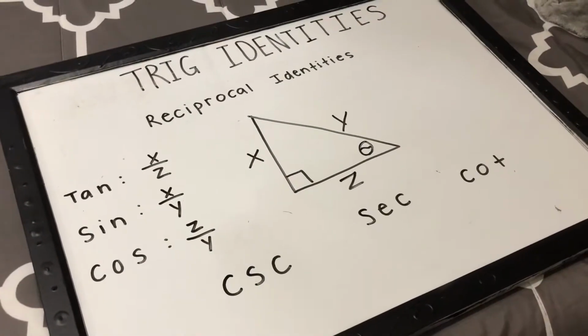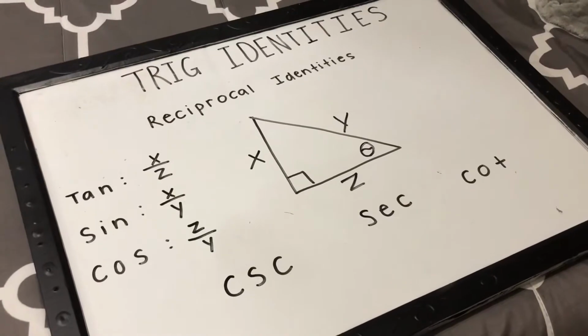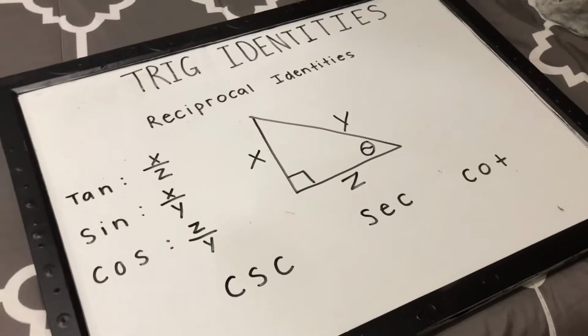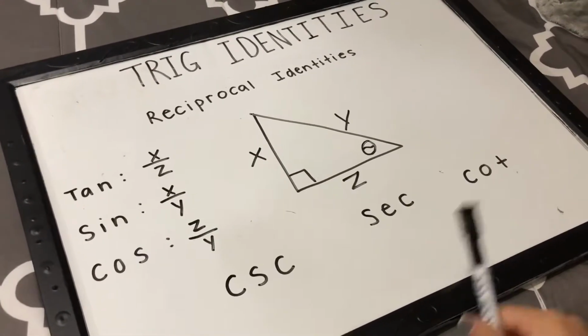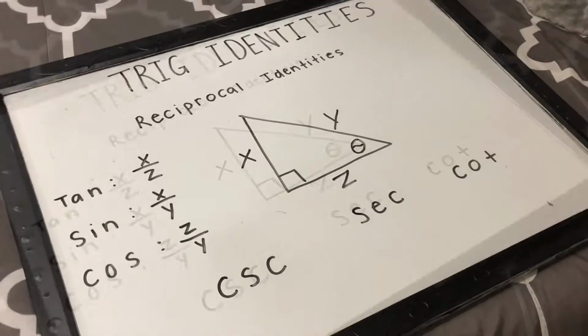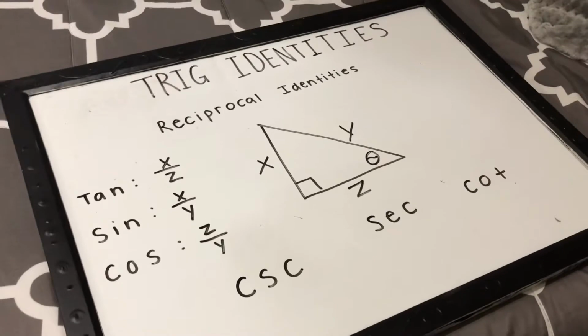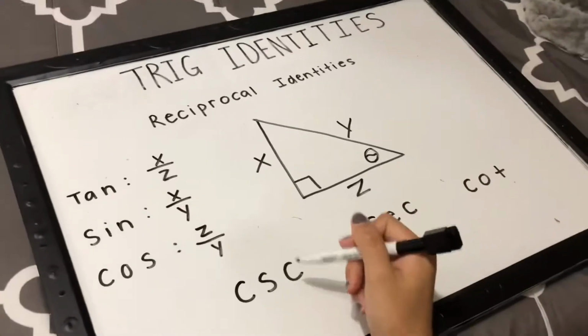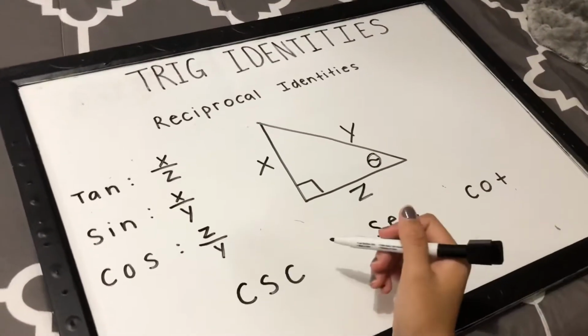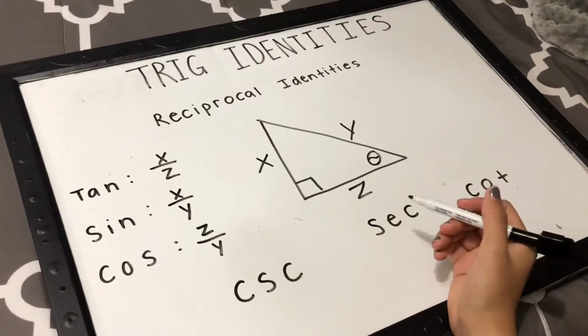Three more trig functions that you may or may not have heard of in the past are cosecant, secant, and cotangent. Now, what's cool about these trig ratios is that they're actually the reciprocal of each other. That's why they're called reciprocal identities.